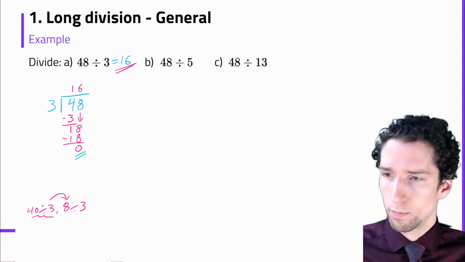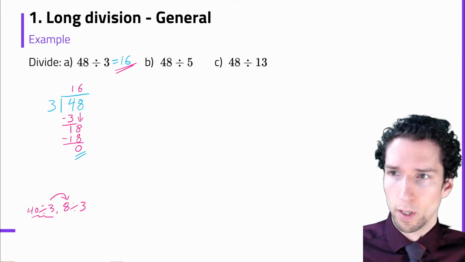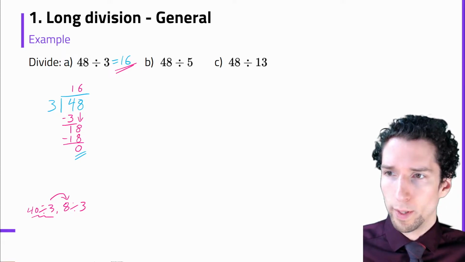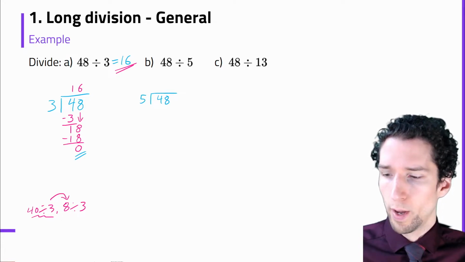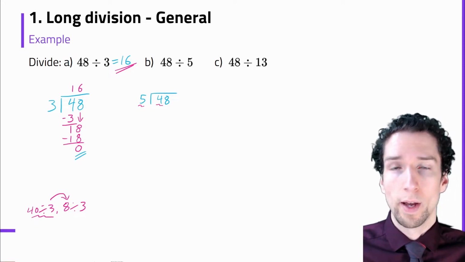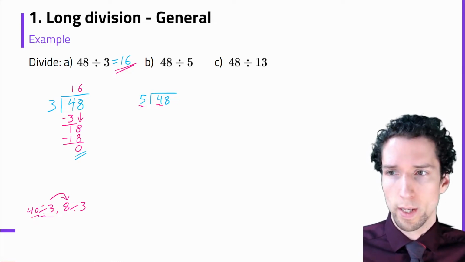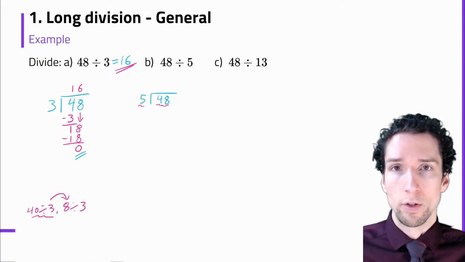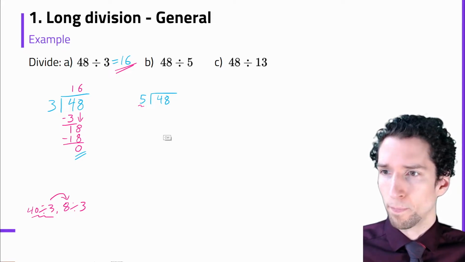Next one, you'll see a few different things happening here. We will have 48 divided by 5. Can 5 go into 4? Is 5 smaller than 4? No, it isn't. So we add 1 more digit and do that. So 5 into 48.